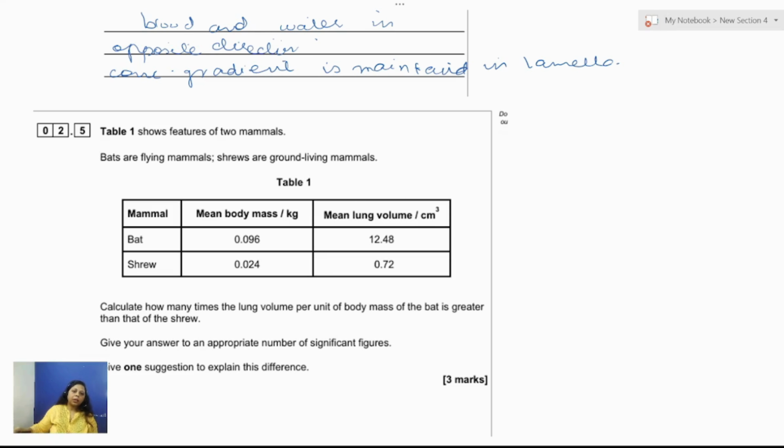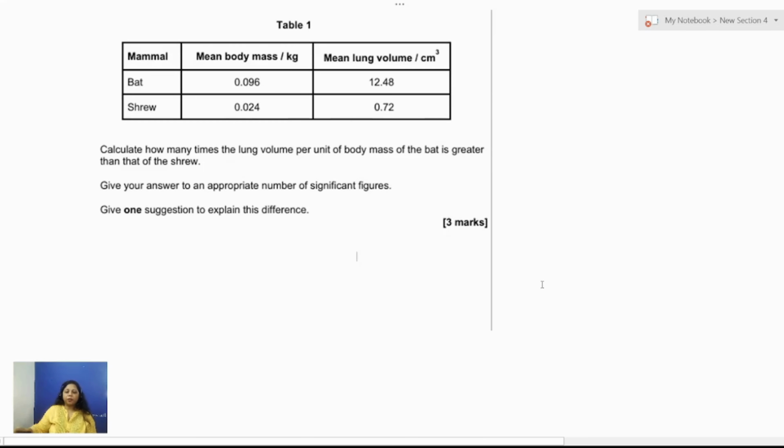Okay. So give one suggestion to explain the difference. No, okay. If you want to tell the ratio, first of all, how many times would it be greater? The ratio of greatness. It would be 130, you have told, and it is 30. Okay. What is their ratio? Yes, divide them.